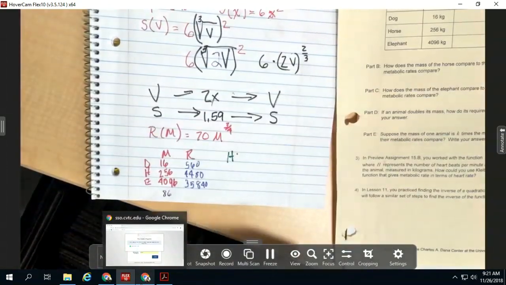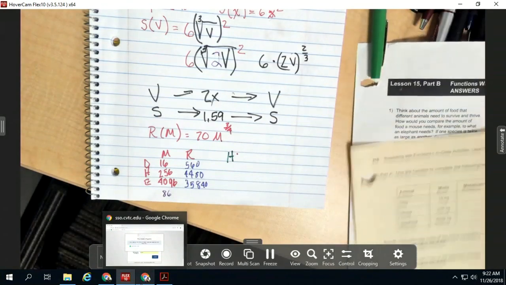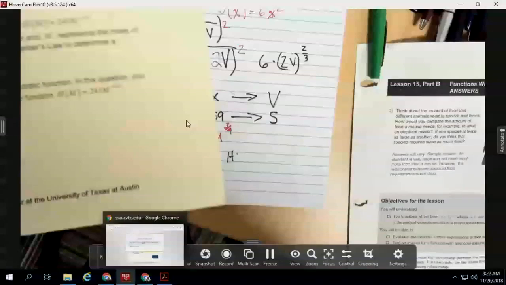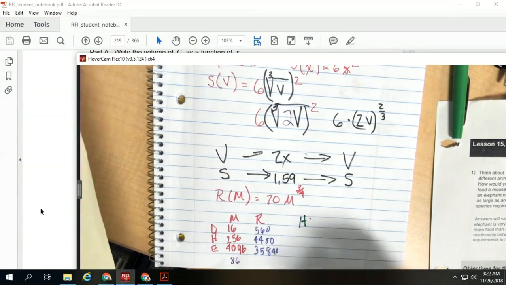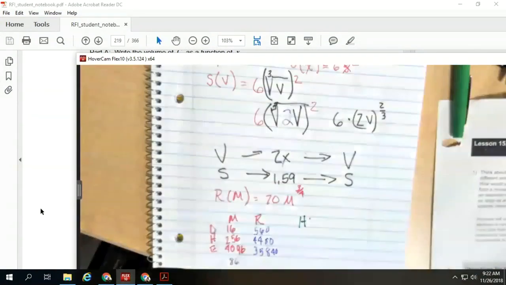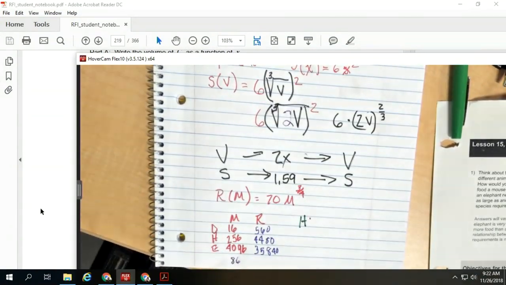Let's go back here and fill in these animal heart rates for Kleiber's law. I don't think I've got that in a table form.